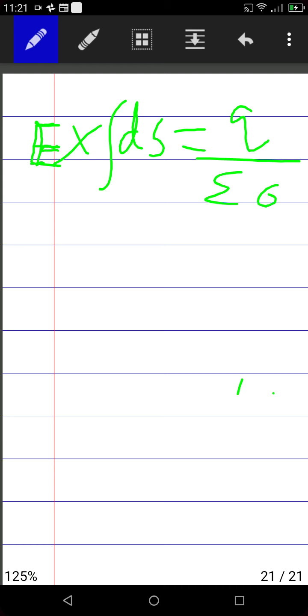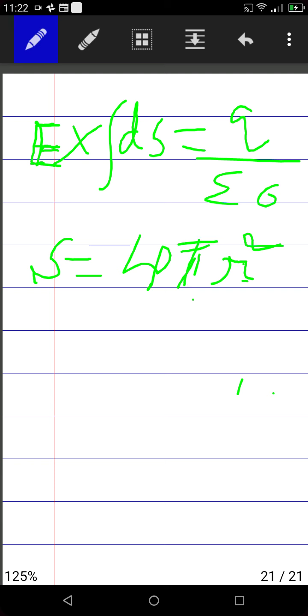We have to integrate it. What is the surface area of this sphere? That is 4 pi r square, small r, because we are considering only that small circle that we drew in orange color. That part only we are doing. So the integral of ds is s, which is 4 pi r square.